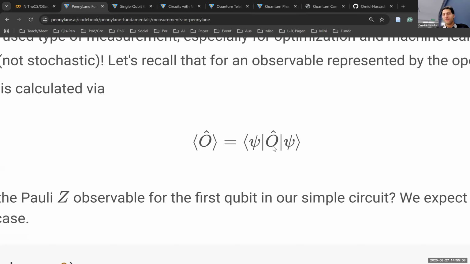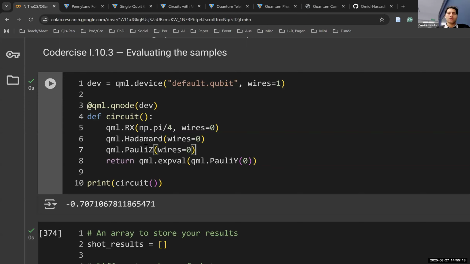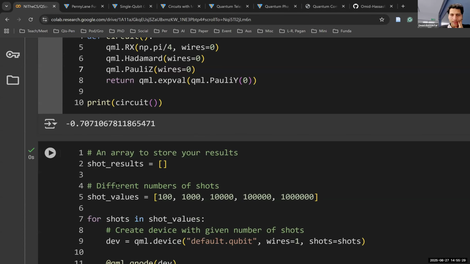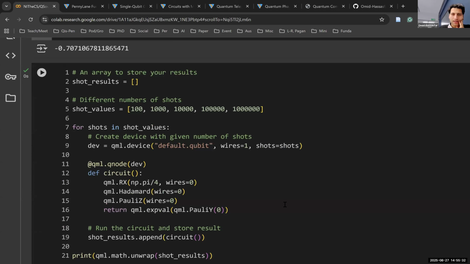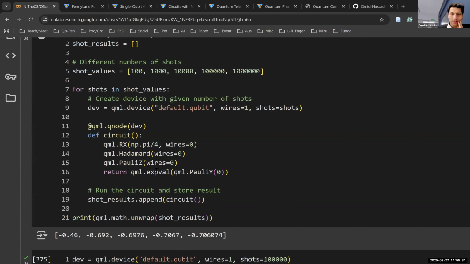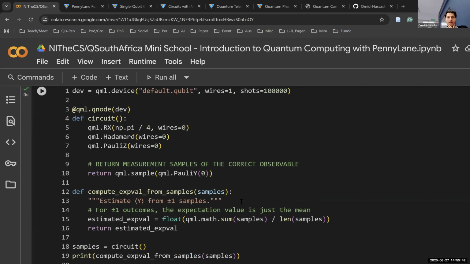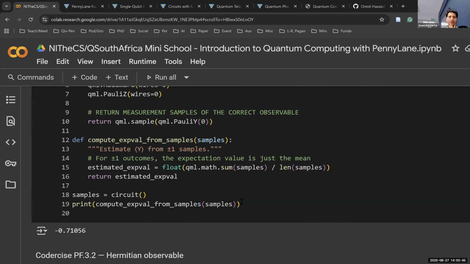You see that this is bra psi and ket psi. So you need to specify your expectation value, but in which state? The state that the circuit shows you. So this creates the state from 0 to something else. And then you can specify this Pauli Y, which is, for example, minus 0.7. And then I just played around with some other circuit here. You can see the expectation value. Probably I'm going to leave this for you to play around.